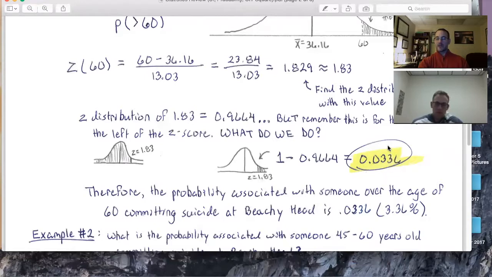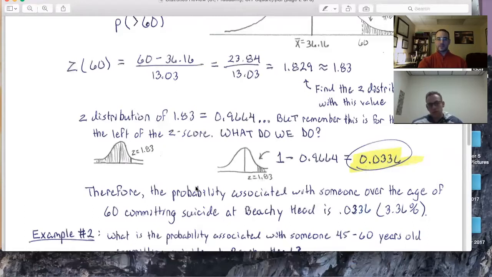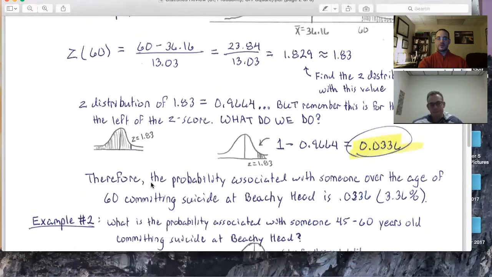That comes out to 0.0336. So the probability of someone over the age of 60, given our data set, committing suicide at Beachy Head is 0.0336, or in other words, about 3.36%.